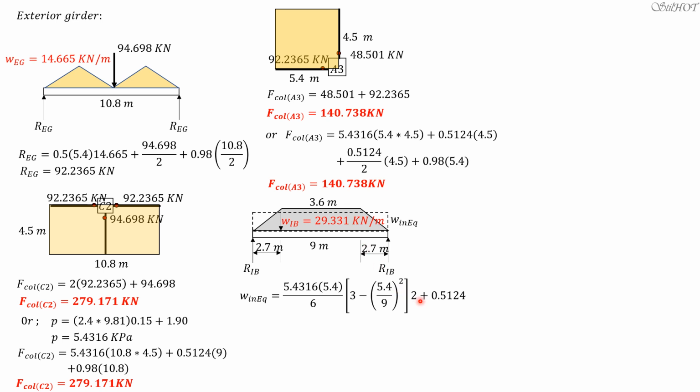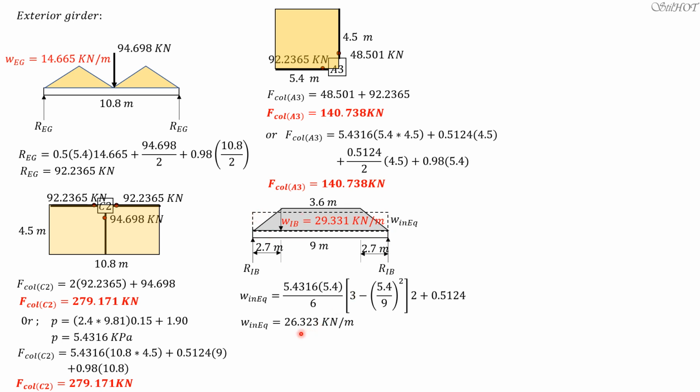So you multiply that by 2. Then don't forget to add the weight of the beam, which is already uniform, 0.5124. So the equivalent uniform load in the interior beam is 26.323 kilonewton per meter.